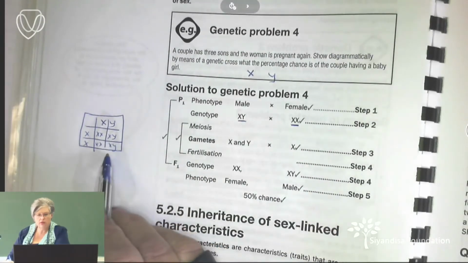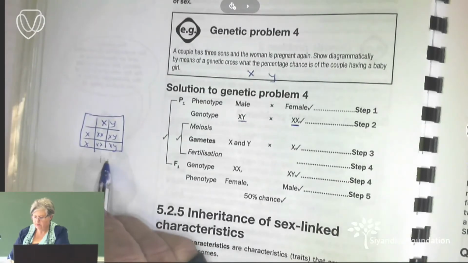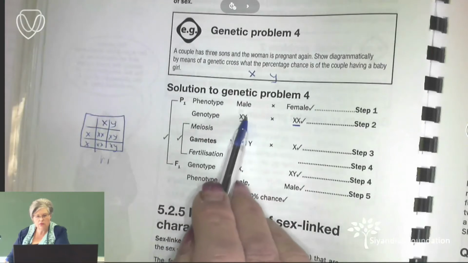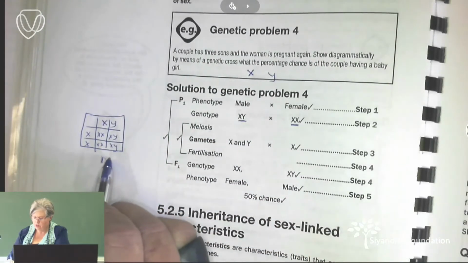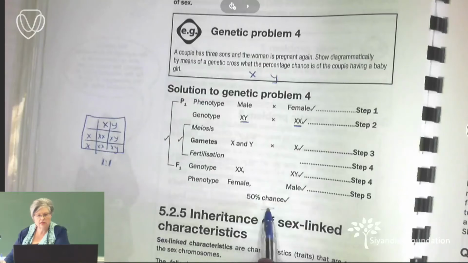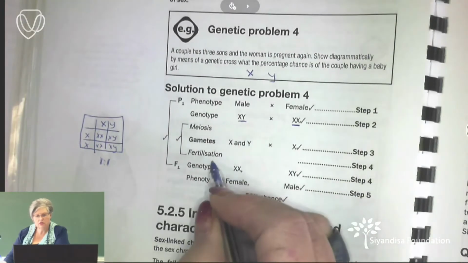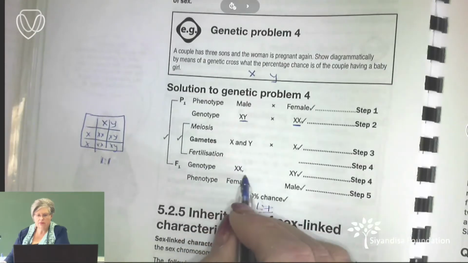My ratio is 1:1. So there's a 50% chance, although there's only one Y, that it can be a boy, or a 50% chance. So the ratio is 1:1. Easy cross, but sometimes it catches you right in there.